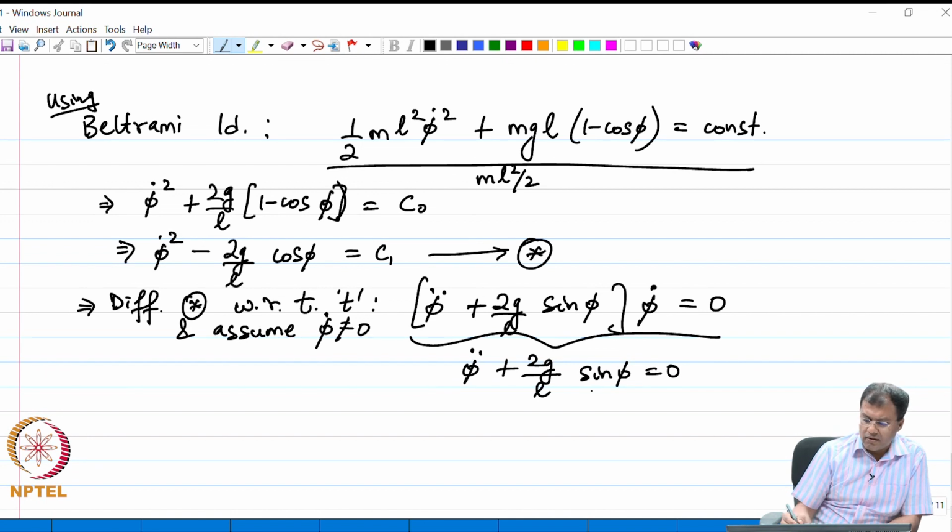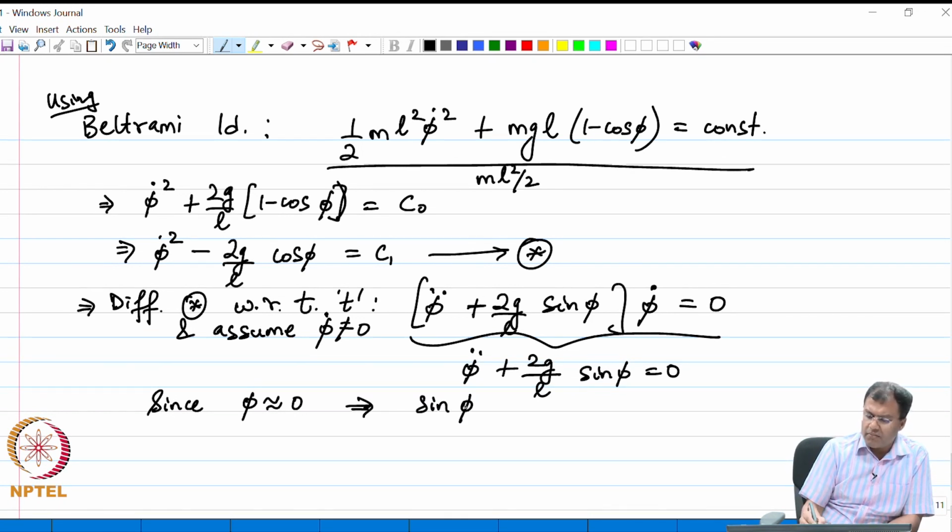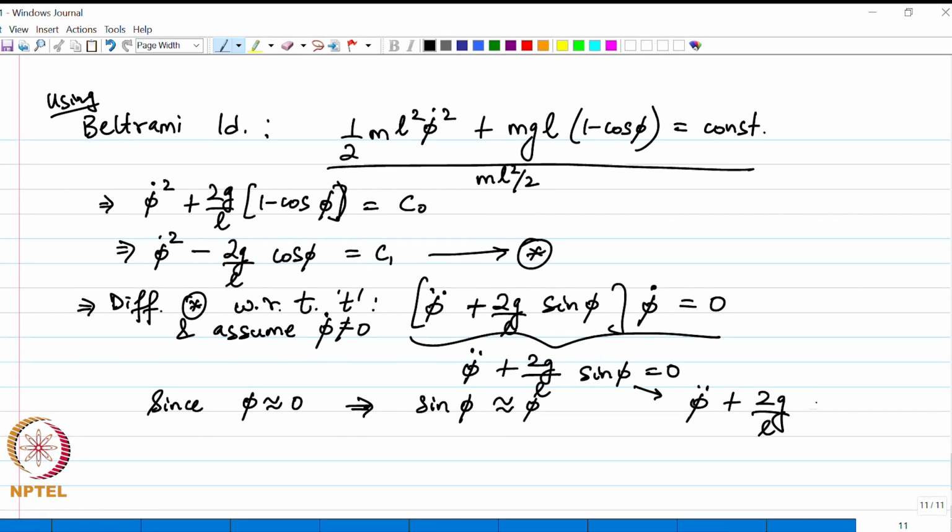So, the next step is, since phi, the oscillation angle, is very close to 0, a small oscillation angle, we can reduce the equation further by saying that sin phi is equal to phi itself. Then the equation reduces to phi double dot plus the constant times phi is equal to 0, and the solution to this equation will be a linear combination of sine and cos of a constant.